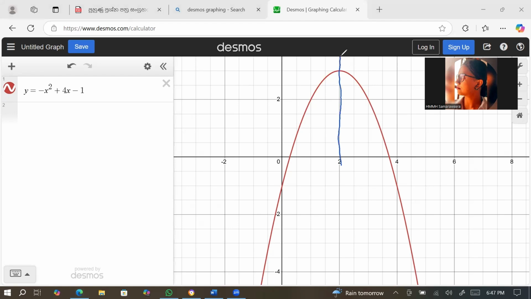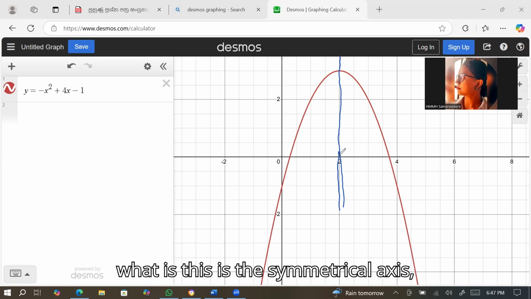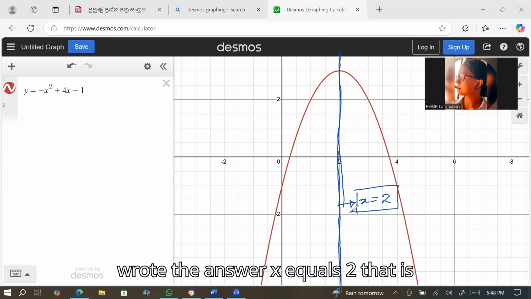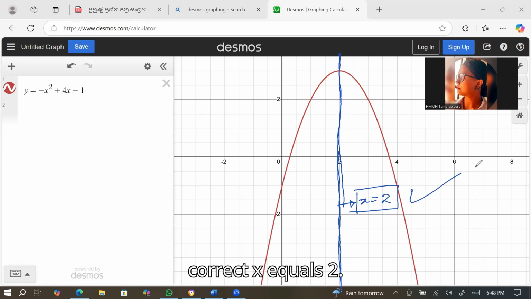So this is the symmetrical axis, right? So what is the equation of this axis? This is x equals 2, right? Very good. X equals 2. If you wrote the answer x equals 2, that is correct.